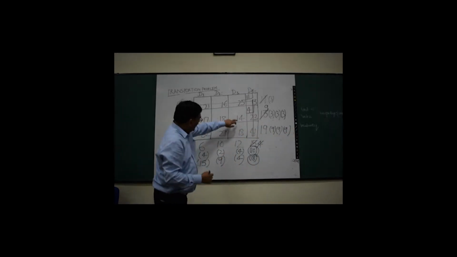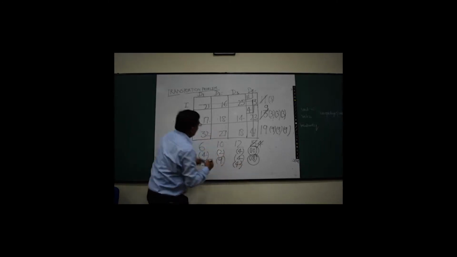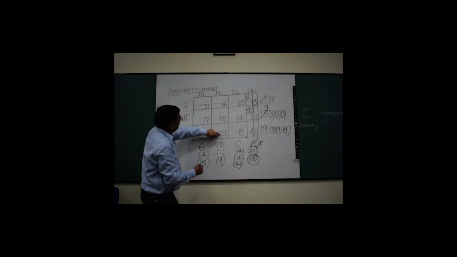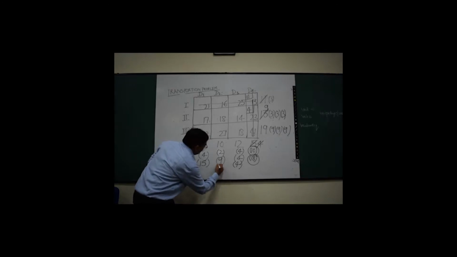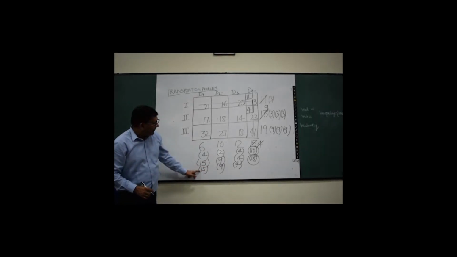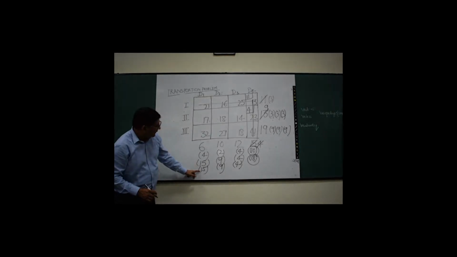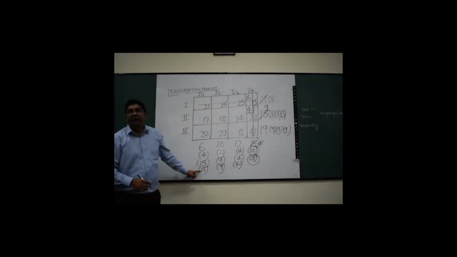Minimum next to minimum 4. Minimum next to minimum 9. Minimum next to minimum 15. Now we can see that the maximum penalty is 15.